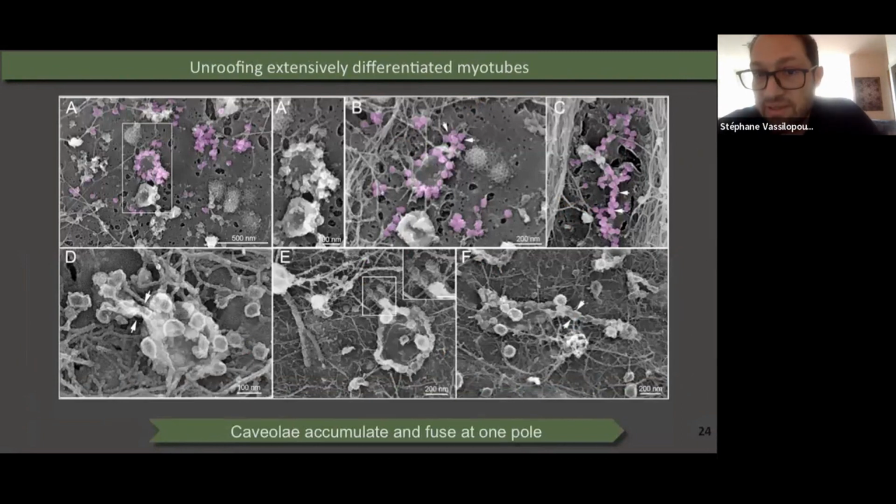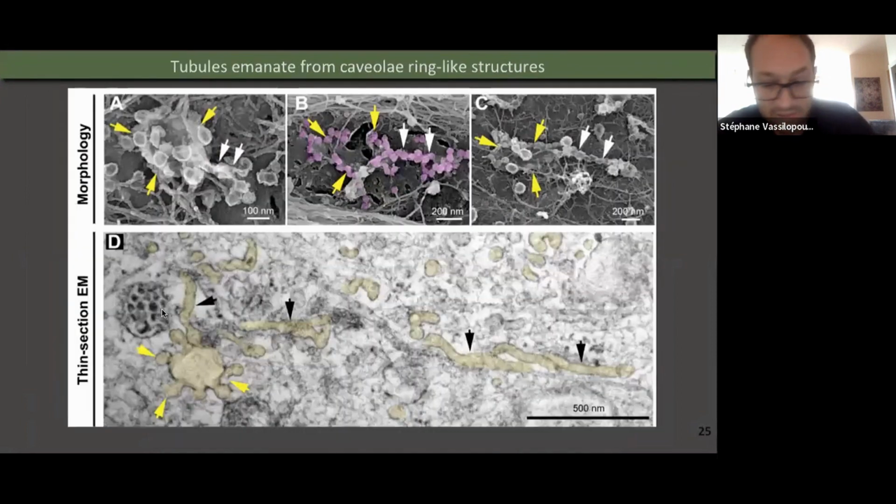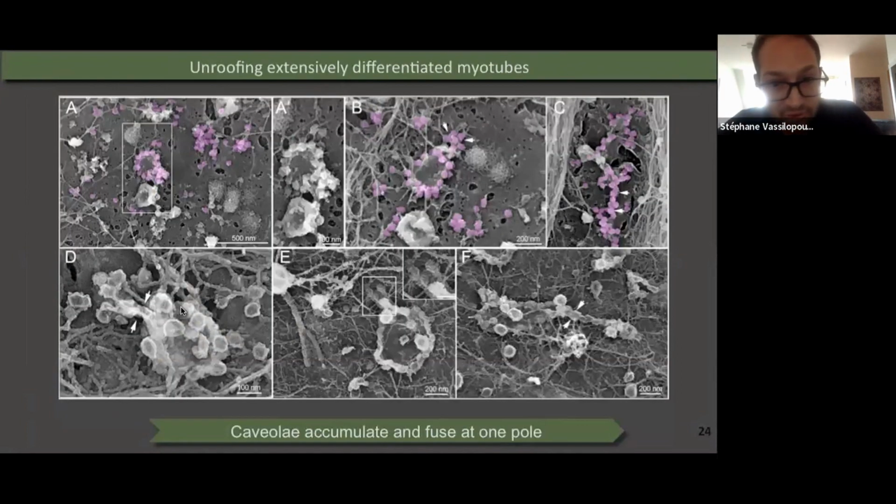We kept on doing these experiments. We thought we were going to find a solution because we have all the right tools here to understand what's going on. So we repeated it again and again, and we could always see the rings made of the caveolae. And by doing it a lot, we started seeing tubes coming out of these caveolae rings. Here is one that I like a lot because the tube is just starting to form.